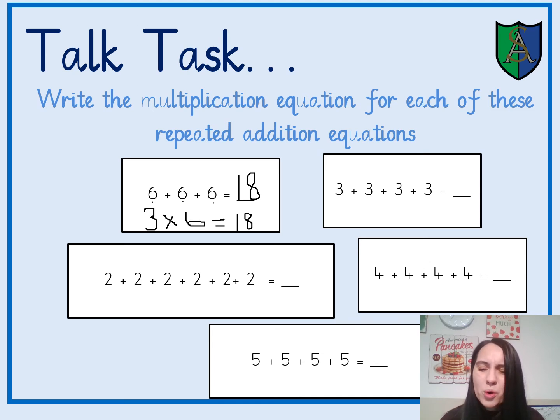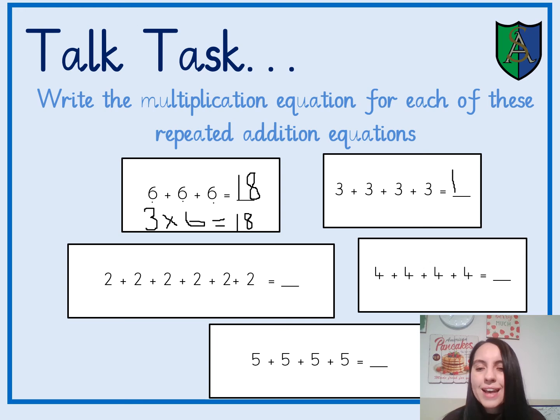Let's have a go at one more together because this is rather tricky. Let's have a go at this second one, the one with the 3's, okay? So let's have a go at counting to find the answer. 3, add another 3 is 6, add another 3 is 9, add another 3 is 12. 3, 6, 9, 12.